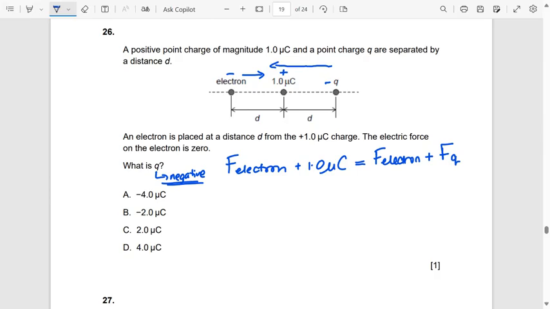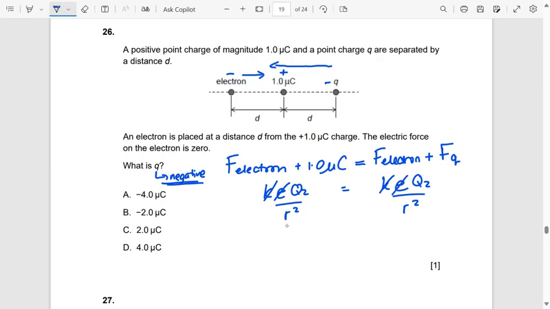So let's set this up then. The force on the electron: we've got kQ1Q2 over r squared equals, and then this setup. The k's can cancel. The electron is in both cases, so I'm going to sub out the electron for the Q1. And I can see that that's a constant, so I can get rid of that.